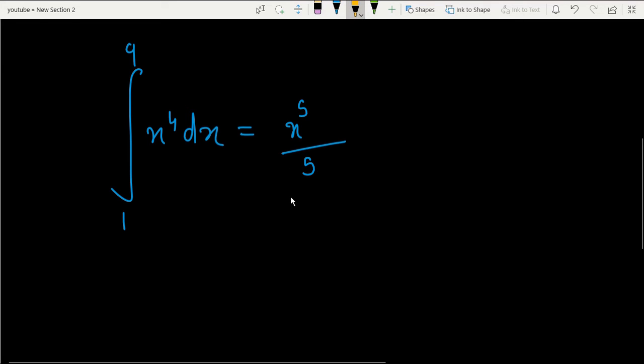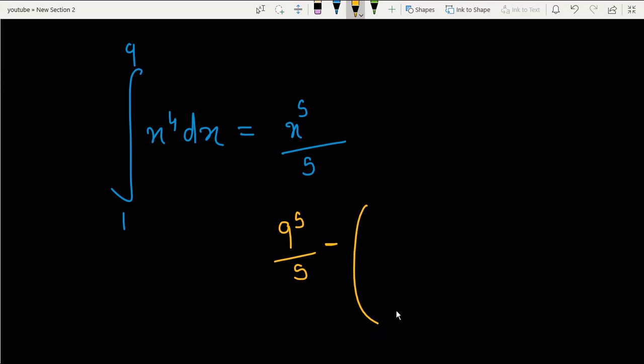Now put 9 in place of x, so it will be 9 raised to 5 by 5. Minus, now put 1 in place of x. Remember to put the minus sign. Now 1 raised to 5 by 5. So this is your answer.